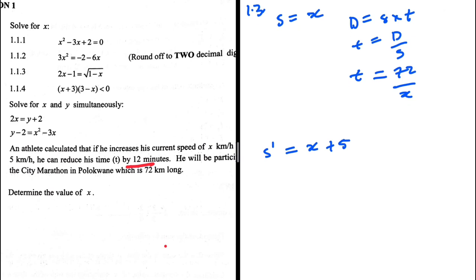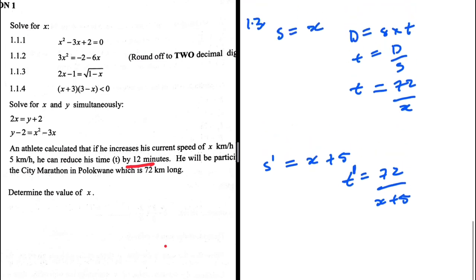Okay, and then when the speed is x plus 5, the time will be 72, the distance, divided by the speed, which is x plus 5. So let's also differentiate this time because they're not going to be equal to each other. But we know that we reduce the time by 12 minutes when we increase the speed to x plus 5. So t minus t prime should give us 12 minutes.